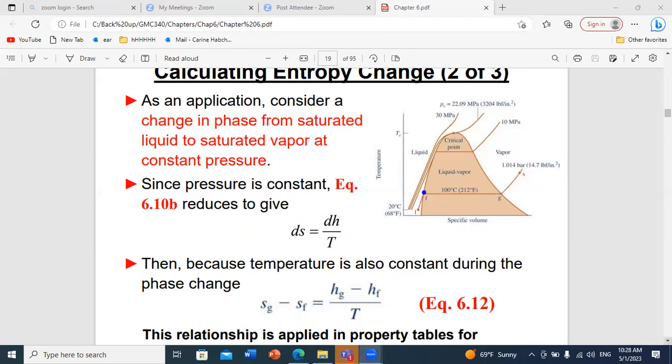يعني دكتور إذا ما بعرف كيف اكتشفنا إنه فتنا على التيبل ولقينا إنه هي mixture، دغري فينا نستعمل ds equal dh over T؟ إذا عم نروح from 2 points بقلب الدوم، yes. إذا أنت عم تروحي من point هون لpoint هون، في عندك طريقتين تجيبي دلتا S: أو بتجيبي S at this point و S at this point وبتعملي دلتا S، فيك تجيبيهم من التيبل اثنيناتهم، أو فيك تعملي كمان h2 minus h1 over this temperature.